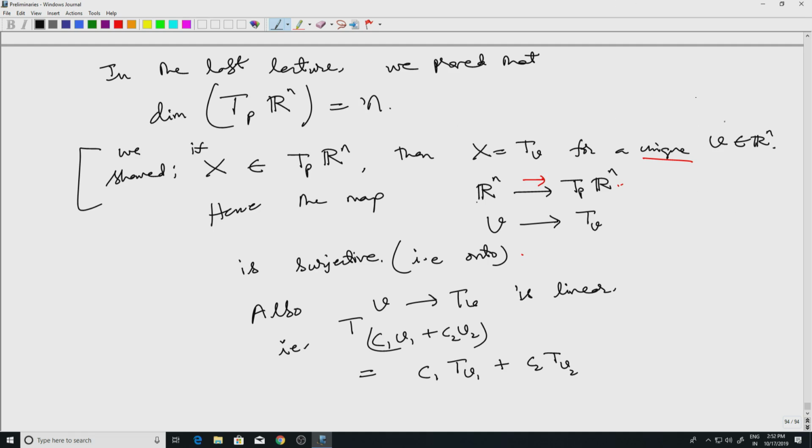This is not so clear if we use the definition. If we use the definition, then TVf is d by dt of f of p plus tV at t equal to 0.